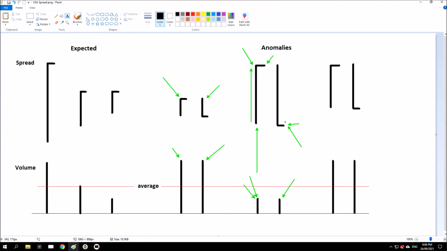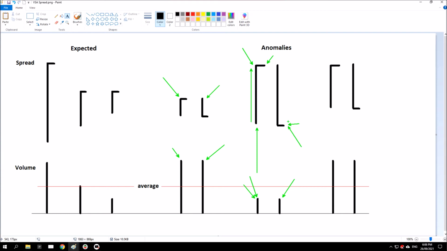Price has fallen lower on very low volume. You've only had half the volume again, half the expected volume, but you've got a very wide spread. There was very little demand in the market, and what selling pressure there was made price stretch lower to find sufficient buyers to satisfy the sellers.